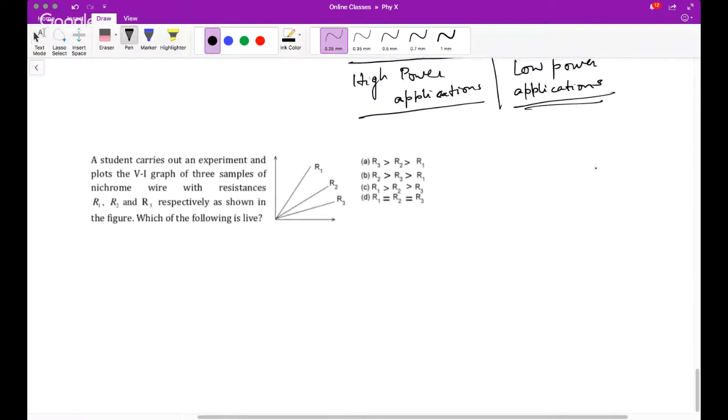Transformer is something like this, just for Ishan's understanding. So let's say I have a transformer. You have a soft iron core, like that.